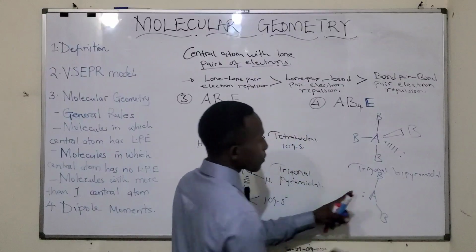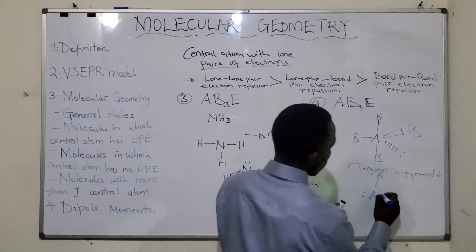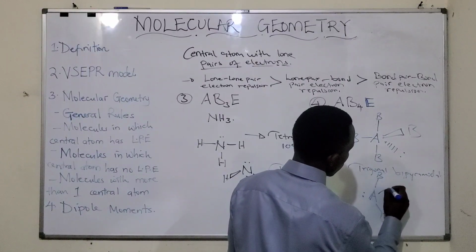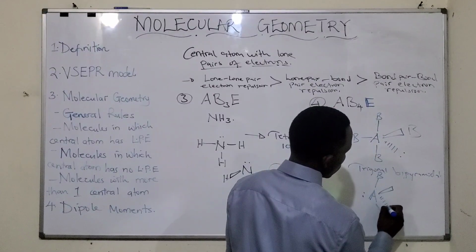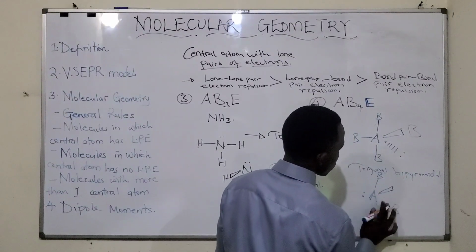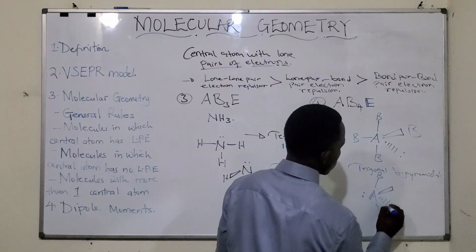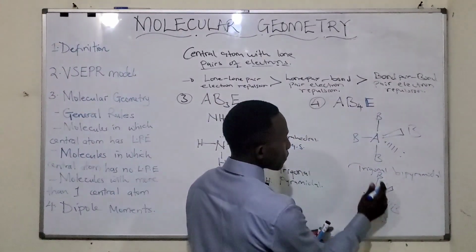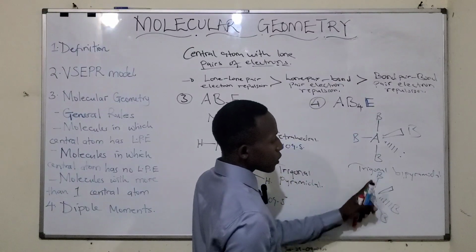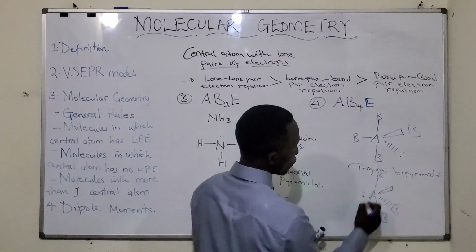So this is the lone pair. I put it here. Now this B, we shall have this B and another B. So these terminal atoms, the angle reduces.